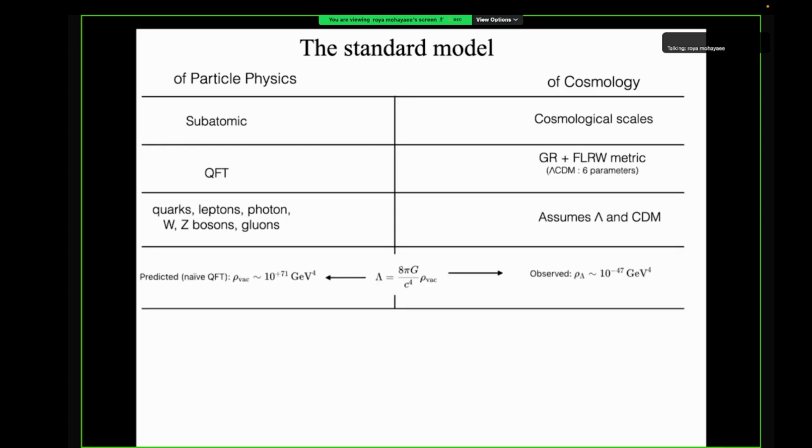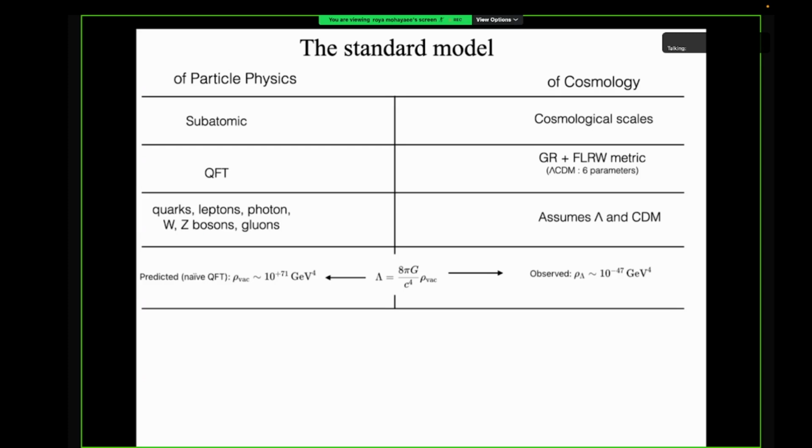Now, here we come to lambda. There's a prediction from quantum field theory. Lambda in particle physics is the vacuum energy. You can calculate it using quantum field theory. And in cosmology, lambda is the cosmological constant that you can put in the Einstein equation.